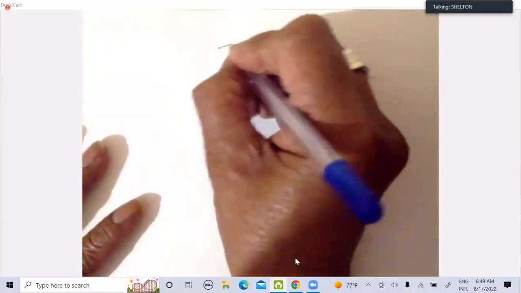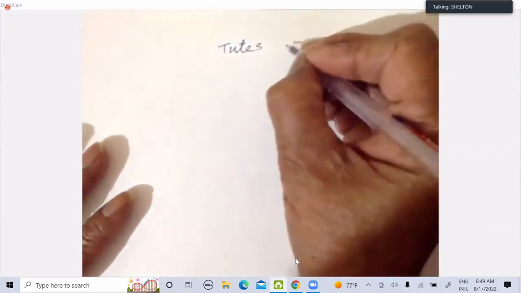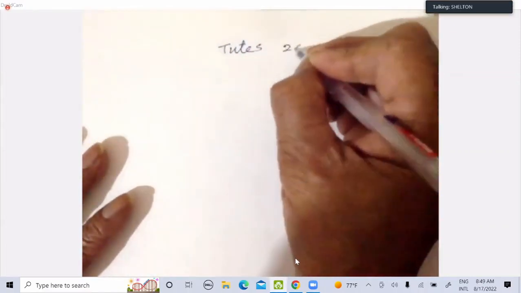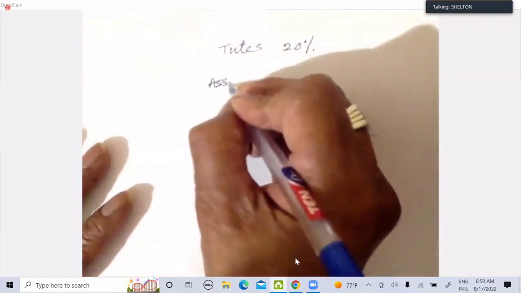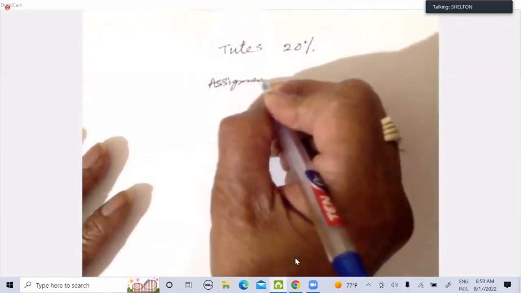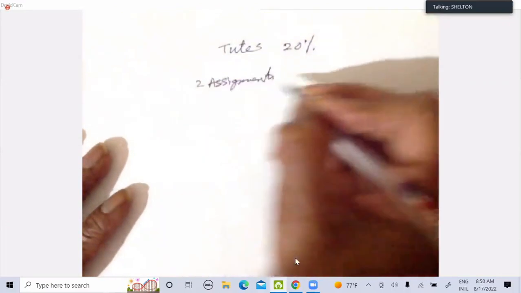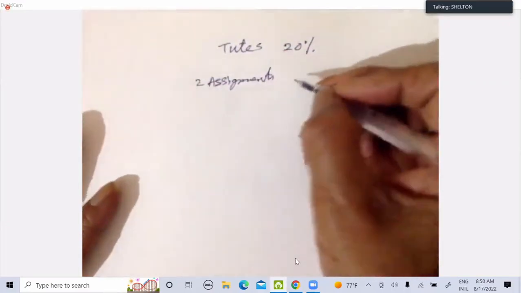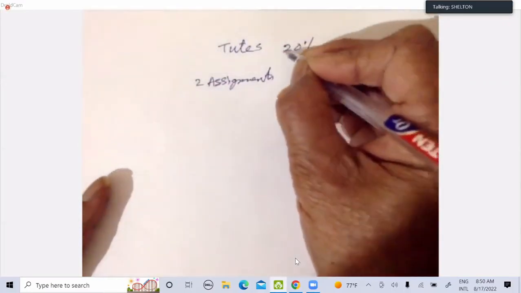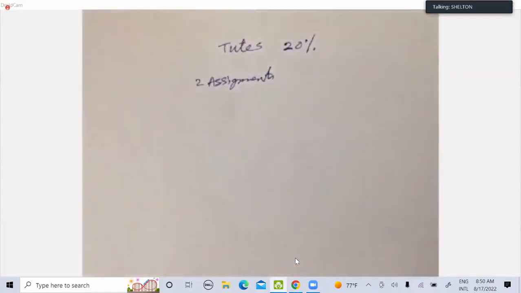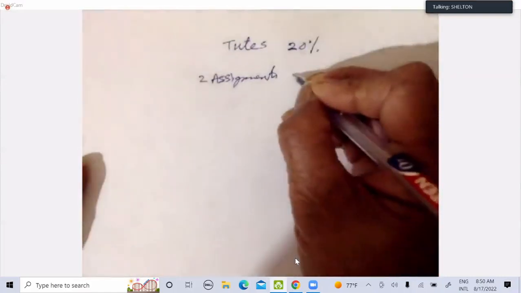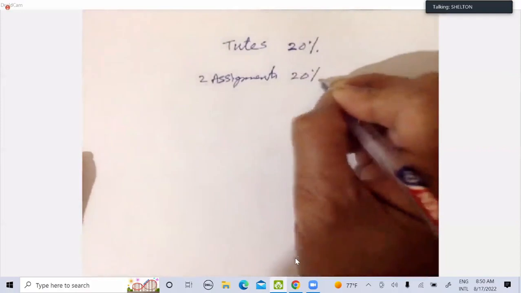We take from tutorials, 20% for assignments. There are 2. The first one will be given tomorrow, and the next one later. The first one will be on the linear algebra part. So that is 2 assignments, 20%.